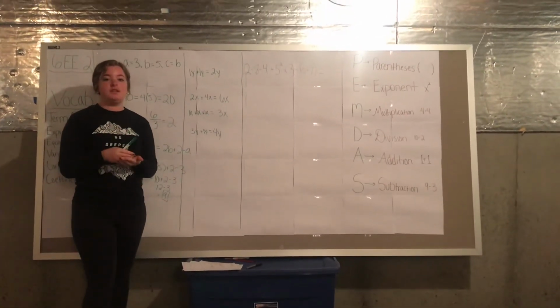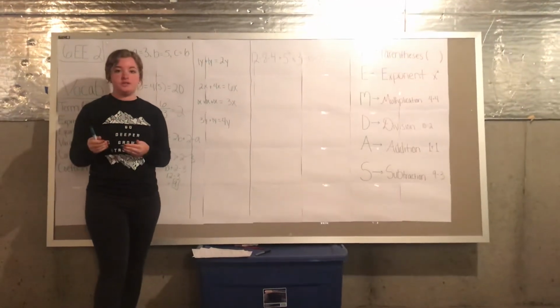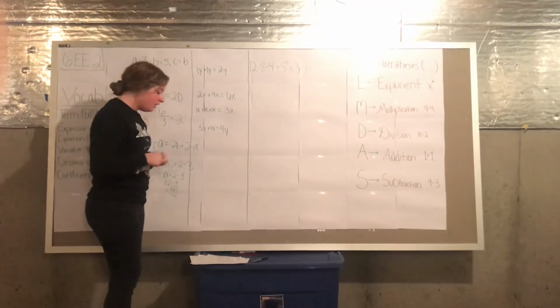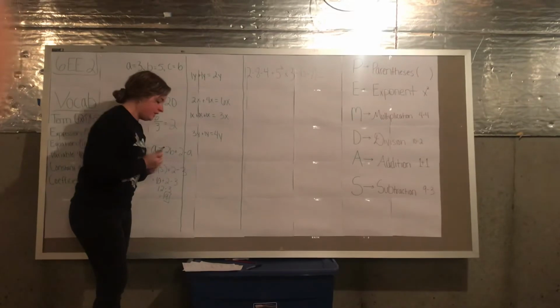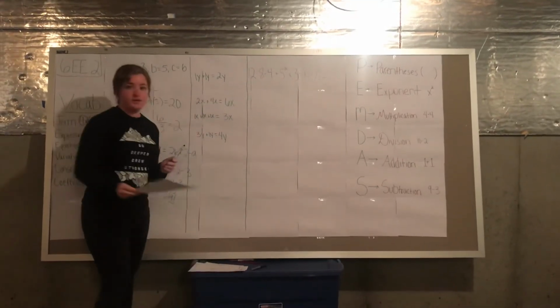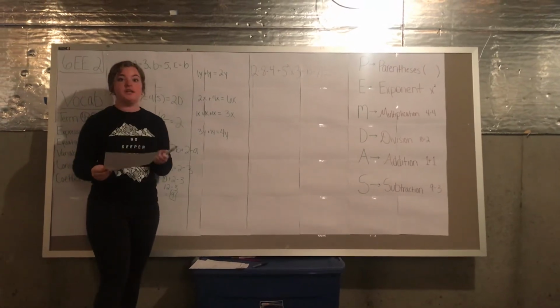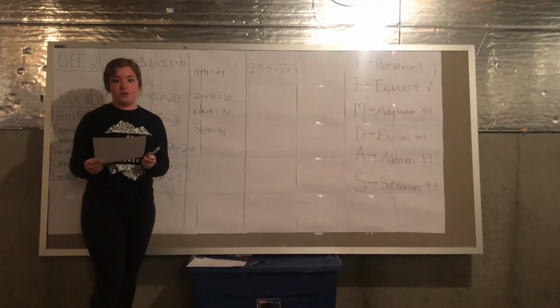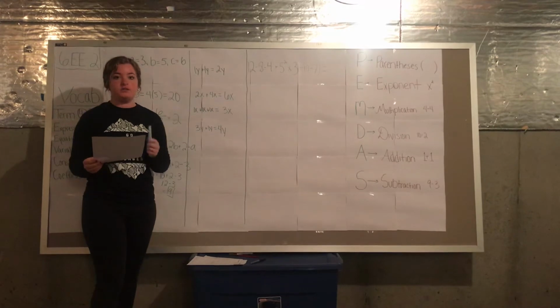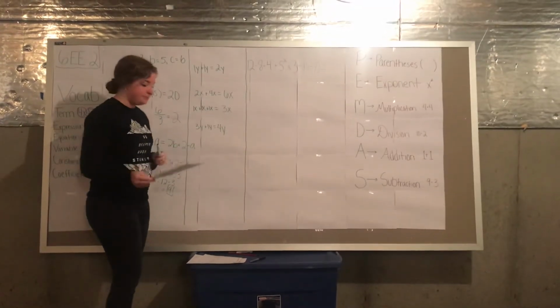So sum is related to addition, and the product is related to multiplication. The keywords in this worksheet, as you will tell, I put in the lesson plan as well. They'll say 9 years younger, or 10 inches taller, or 5 times more. That represents subtraction, addition, and multiplication.